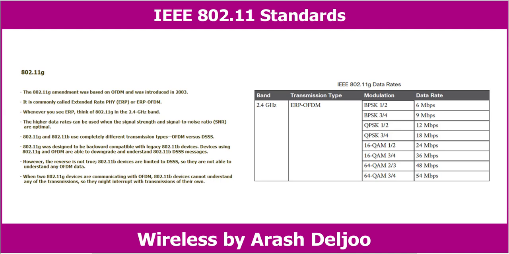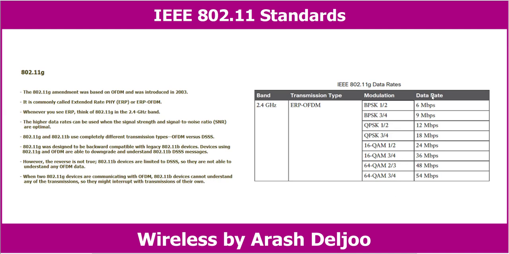This table lists the data rates available with 802.11g. As you can see, the band again is 2.4 GHz. Transmission type is ERP OFDM, and about the modulation, we have several modulation types: BPSK 1/2, BPSK 3/4, QPSK 1/2, QPSK 3/4, and then 16 QAM 1/2, 16 QAM 3/4, and 64 QAM 2/3, and 64 QAM 3/4.